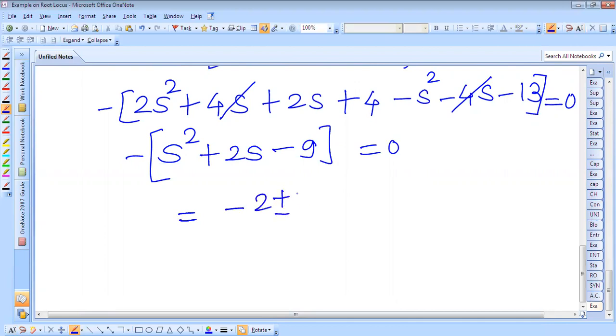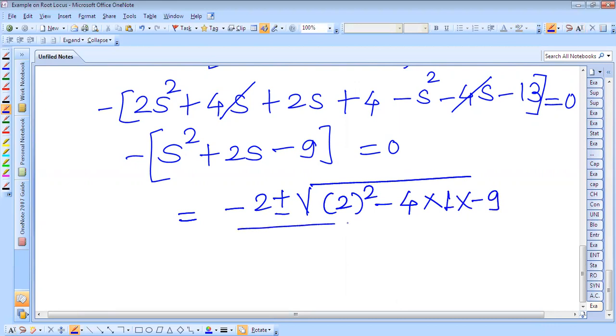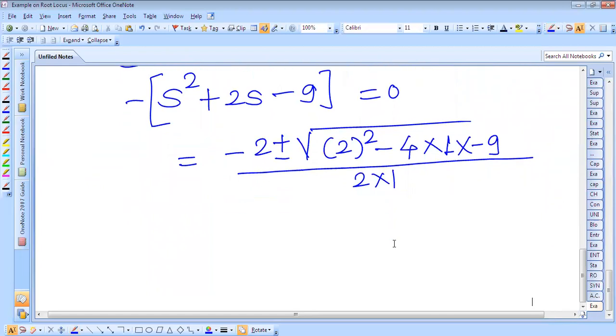Minus 2 plus minus square root of b square minus 4ac. So after solving, 2.16 and minus 4.16. So out of this, we have to check which one is the valid breakaway point. This is a trial and error method. We will check which one is the valid breakaway point and which one is not.